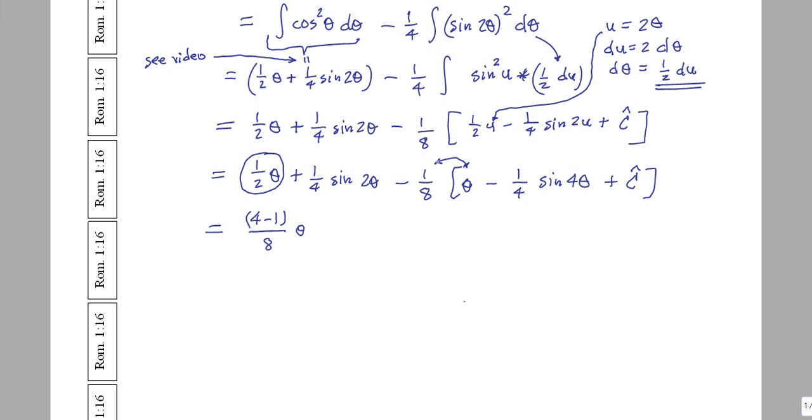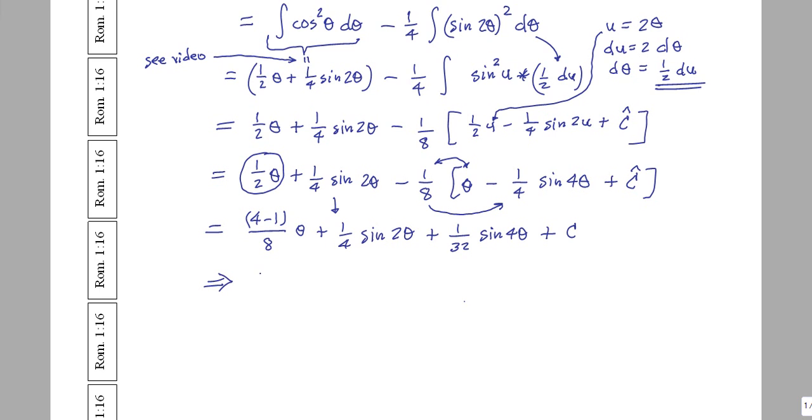Then if I distribute this in here, well, let me first of all write this term here. So we get plus a quarter sine of 2 theta, and then let's distribute that. So minus an eighth times minus quarter is a plus 1 over 32 sine of 4 theta, and then minus an eighth of c hat we'll just call plus c. Alright, so putting all this together, we get the following.